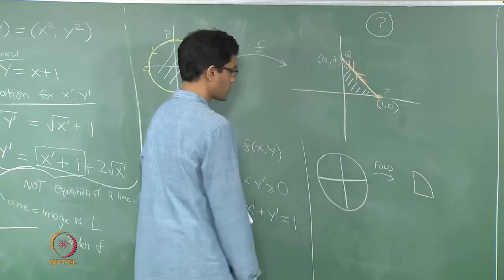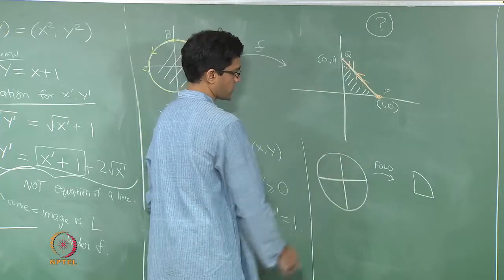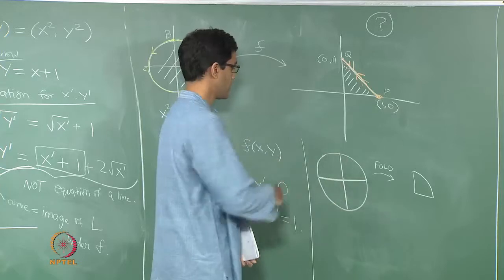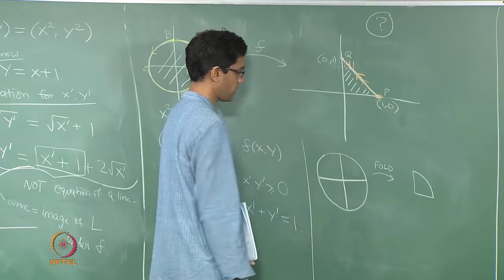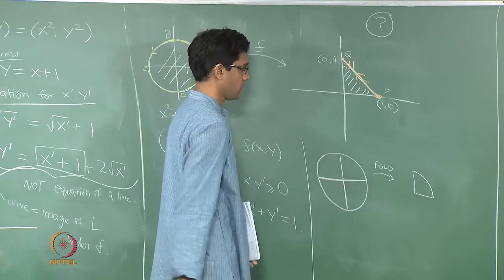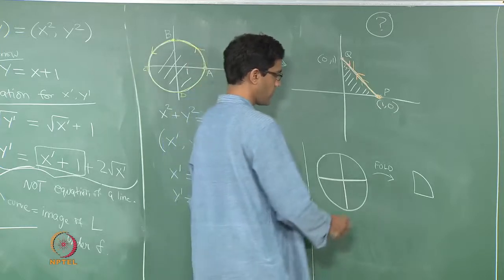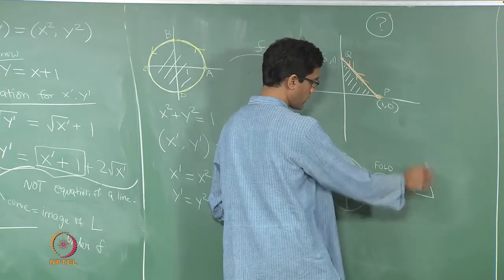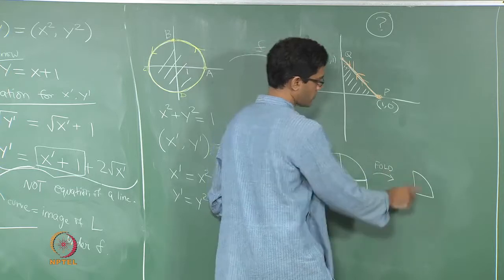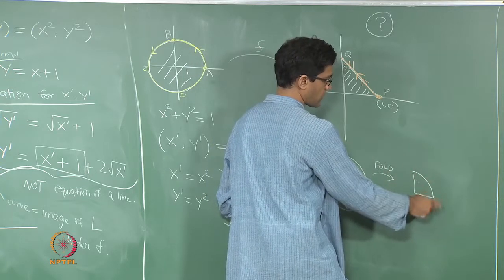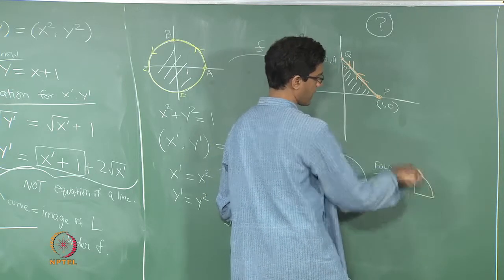So, there are 2 folds that you perform: first along the first diameter, it will make it a semicircle, and then along the other diameter to make it into just a single quadrant. And now this quadrant, under this function f, you flatten out this circular arc into a triangular region.